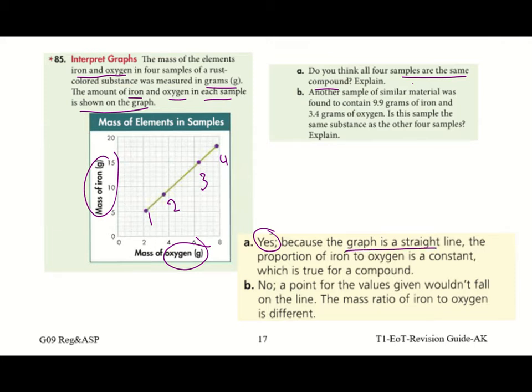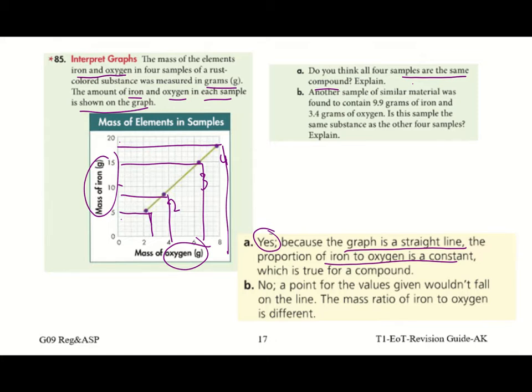If the graph is a straight line, then the proportion should be constant. So the ratio between iron and oxygen is constant wherever you go in the graph. Between oxygen and iron, you will get a straight line, and this means that the proportion is constant. When you increase the mass of oxygen, the mass of iron is also increasing at the same rate.